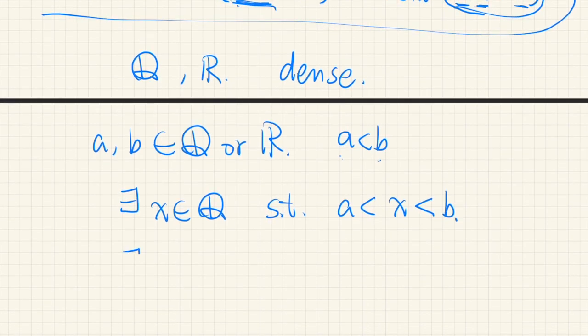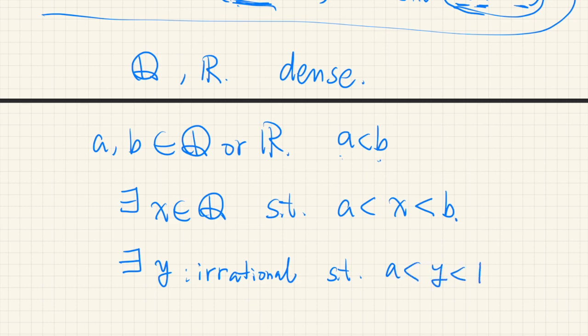And also, we have some irrational number. We don't have any specific symbol for the set of irrational numbers, so just write like this. y being irrational, such that a is less than y, which is less than b.